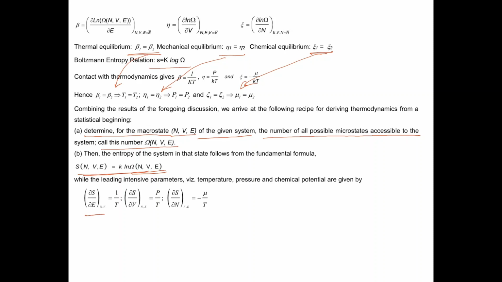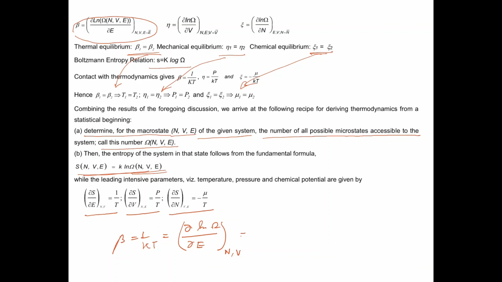You see, ∂S/∂E equal to 1 by T, ∂S/∂V equal to P by T, and ∂S/∂N equal to minus mu by T. From this relation here, we get beta, which is 1 by kT, equal to ∂ log omega by ∂E at constant N and V.